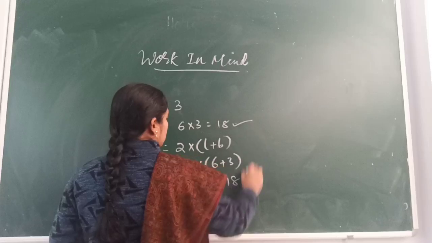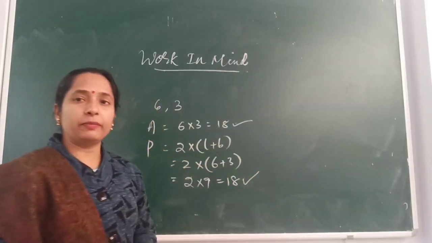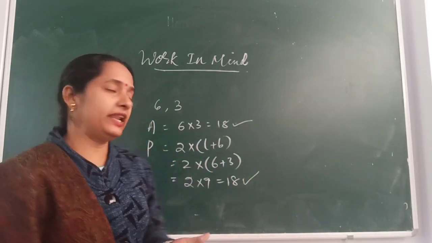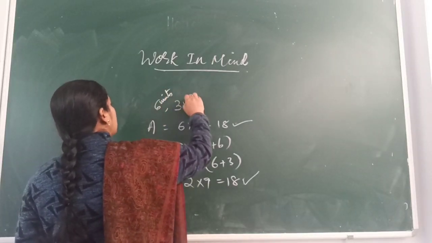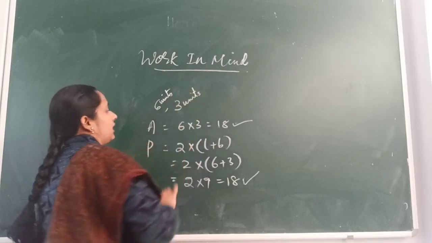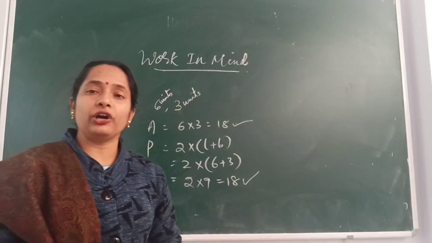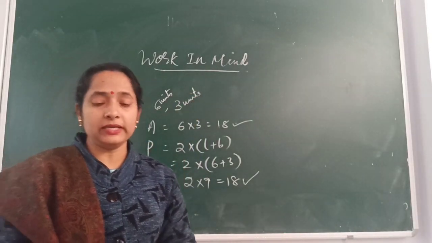Okay, so when the length and breadth of the rectangle are 6 units and 3 units, then in that case your area and perimeter both will be the same.